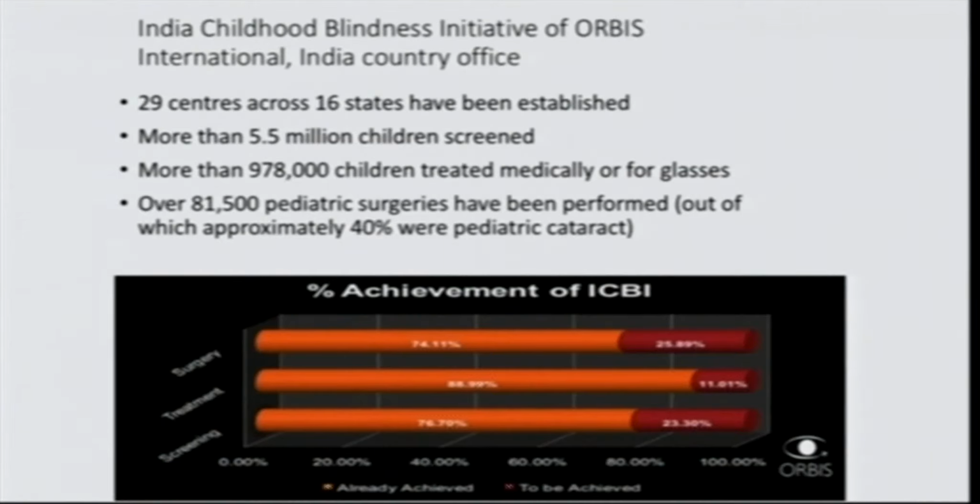Again, with this in view, Orbis International had set up its Indian Childhood Blindness Initiatives, in which now they have almost 36 centers in 19 Indian states. And there is a program perhaps far more advanced in Bangladesh in the last 10 years. Almost 10 lakh children, more than 1 million children, have been treated, and nearly 100,000 pediatric cataract surgeries have been performed.